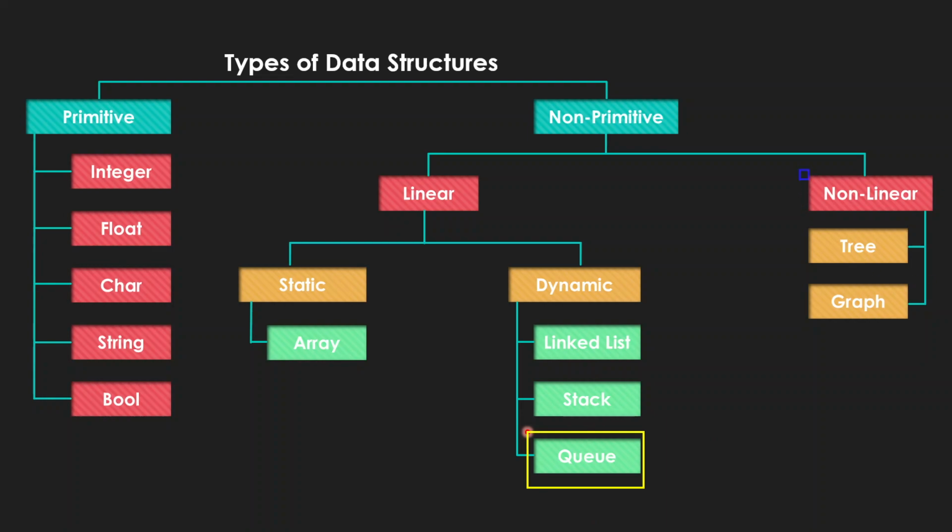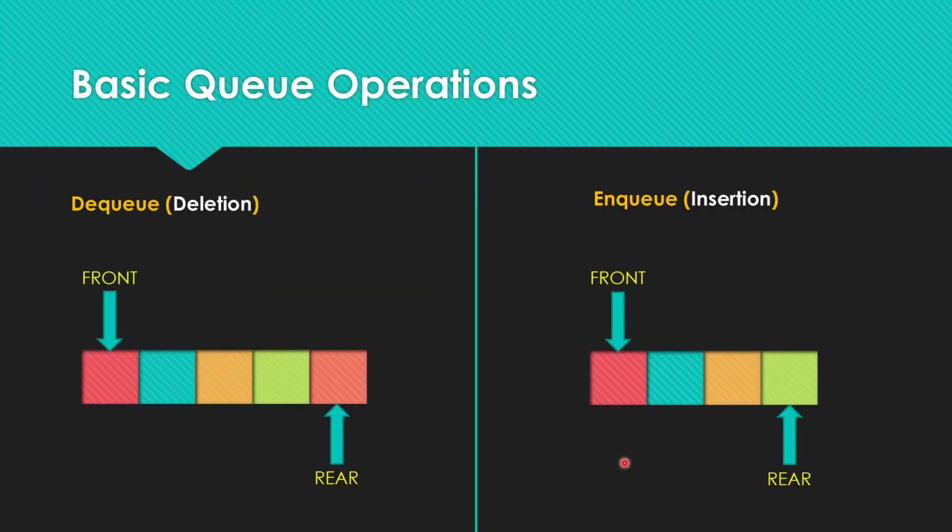In the next topic, we are going to cover nonlinear data structures, which includes the tree and also the graph data structure. So we're going to look at the tree and the graph. But remember that the queue is a non-primitive, linear, and dynamic data structure.